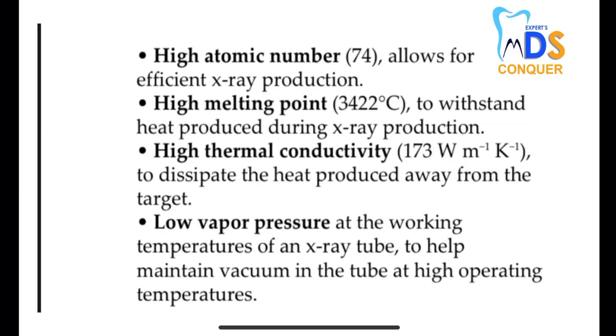Now, as I've discussed, we use tungsten as a focal spot or target material. Why? There are four reasons for that. Number one, it has a high atomic number, so it can produce good, efficient X-rays. Number two, it has a high melting point, so it can withstand the high heat produced during X-ray production.